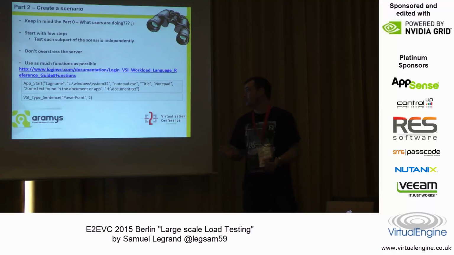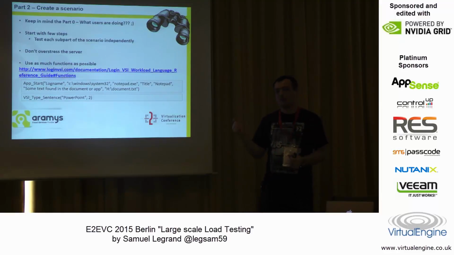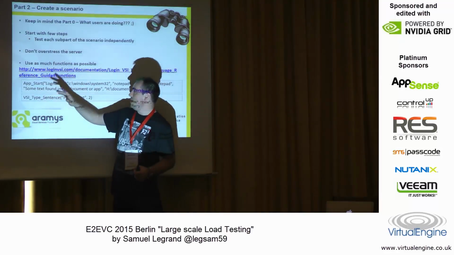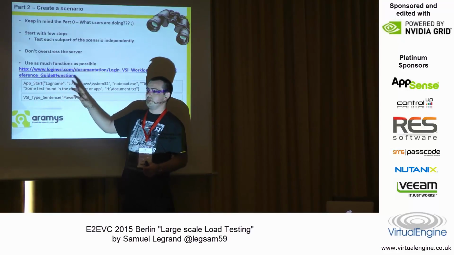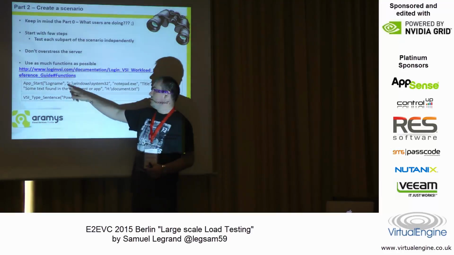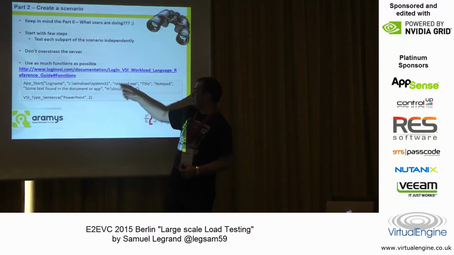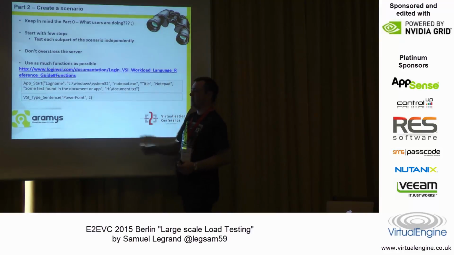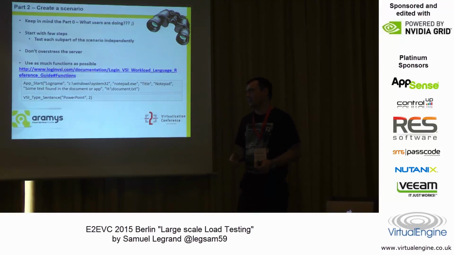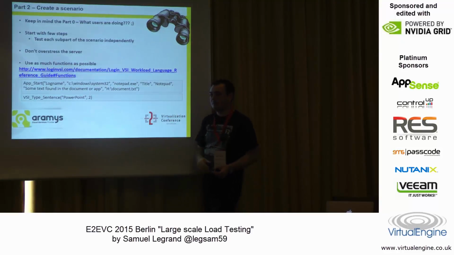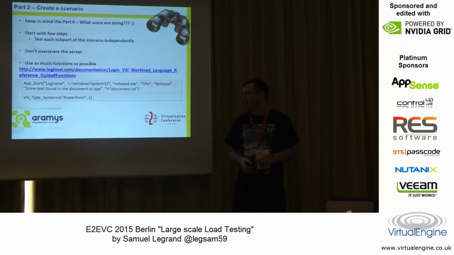There is a great workload language reference guide on the Login VSI website. For example, if you want to start an application, you just type app start, then a log name if you want a specific log name for this application, the path, the exe, a title, and a text that is found in the document. If you have some parameters, you can just put them at the end.